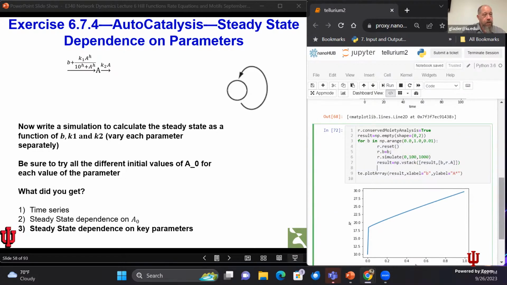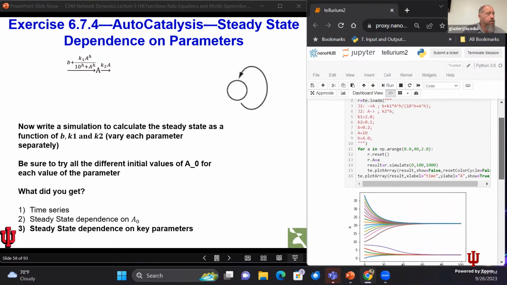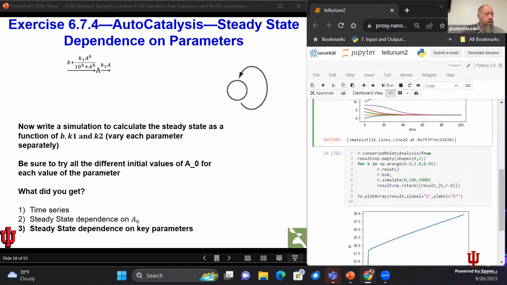So I know what happened. I started with my initial value of A here was 10. Good. Here, we'll leave it this way. I'm going to set my initial value of A here to be 0.